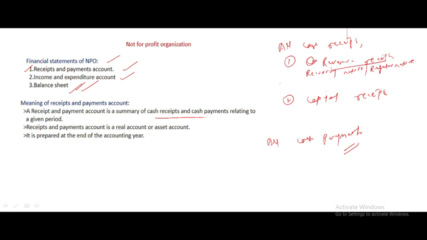For example, subscription received, general donation received, interest received, locker rent received, entrance fee received. These are revenue receipts because they are in recurring nature.